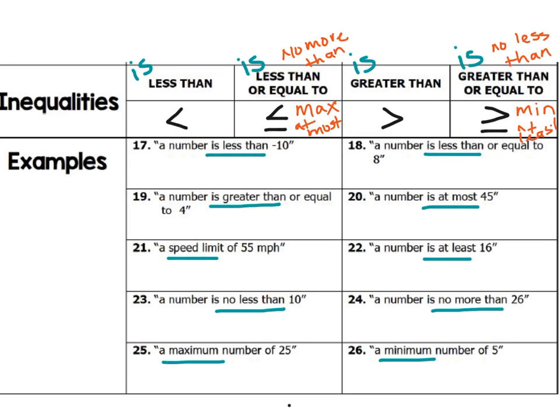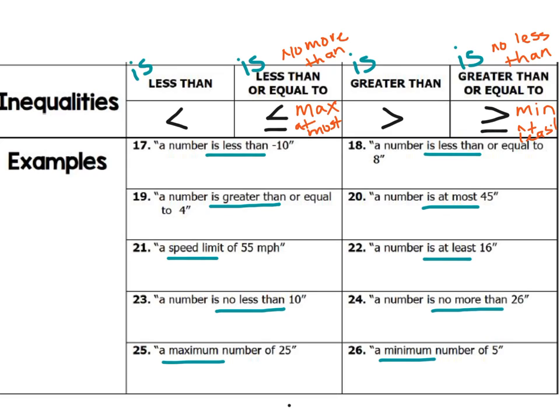And in orange, I wrote 3 other phrases that also represent the same thing. No more than, maximum, and at most all mean less than or equal to. Okay, is greater than, again, that's pointing towards the right.